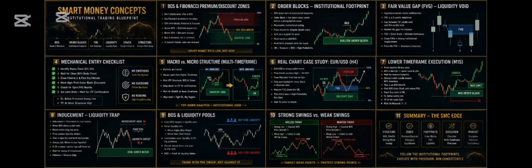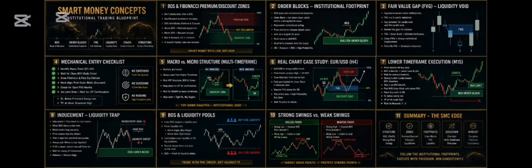And this extreme buying or selling pressure causes price to move too rapidly forward. This rapid displacement prints a specific three candle pattern called a fair value gap. A fair value gap represents an area where trading was completely inefficient.